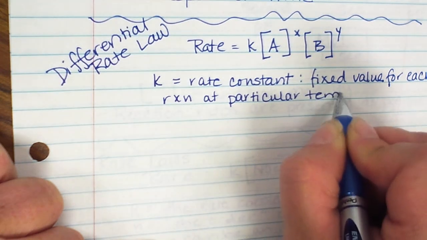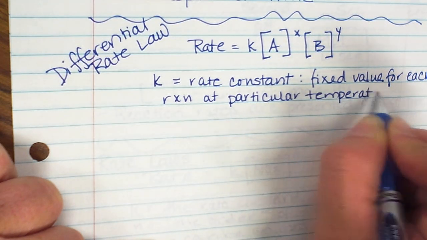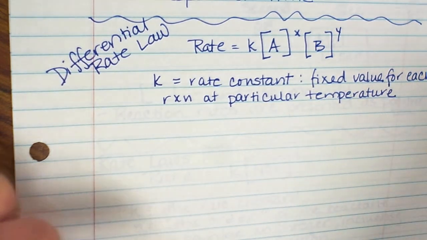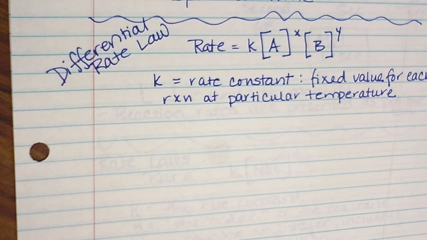So in other words, you have to look it up or be given it or calculate it, but you cannot guess it, you cannot know it. Now, most of our reactions are going to be done at 25 degrees Celsius.